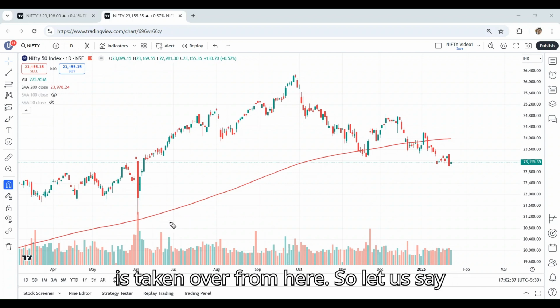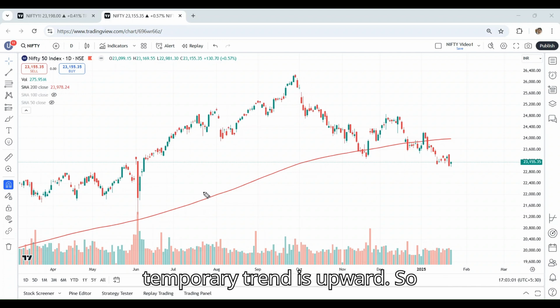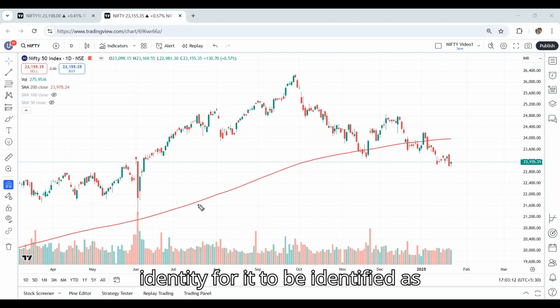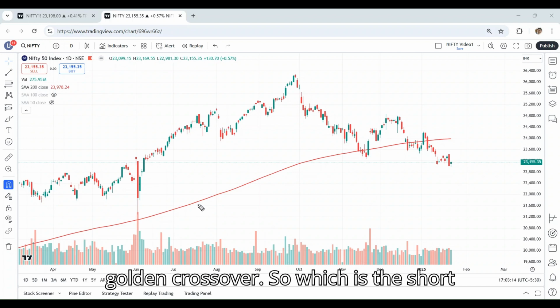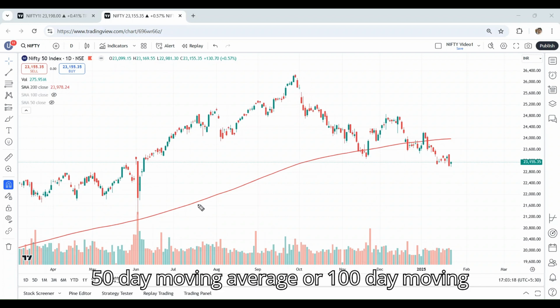Suppose it is taken over from here, so let us say a short-term crossover. So we say that the temporary trend is upward. So this is a golden crossover. For it to be identified as a golden crossover, which short-term moving average do we take? Normally the 50-day moving average or the 100-day moving average.